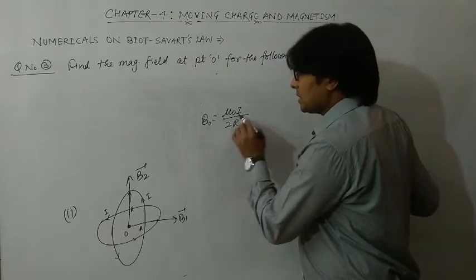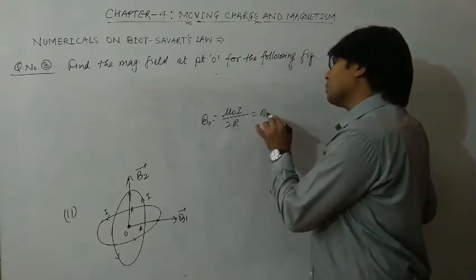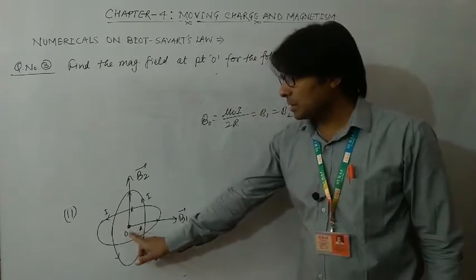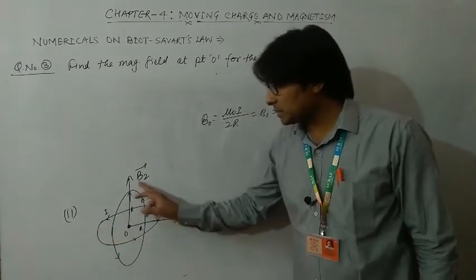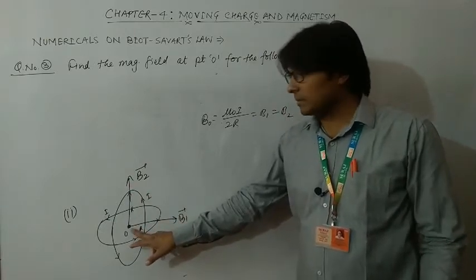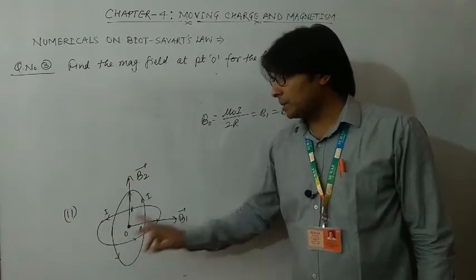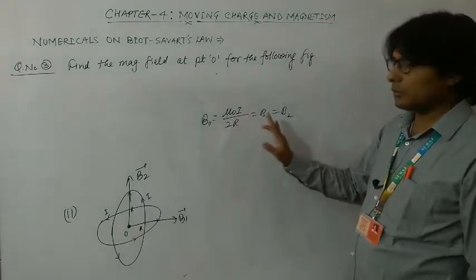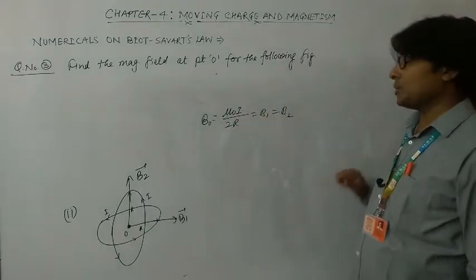This B0 is actually the mod of B1 and the mod of B2, because O is the center of this circle as well as this circle, and we have to find the net magnetic field due to both the loops at point O. So B0 is equal to mu 0 I upon 2r, which is B1 as well as B2.